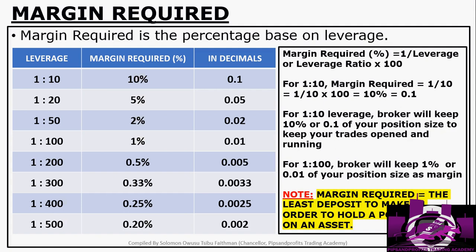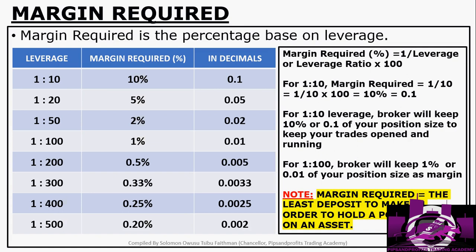Why are we saying 1 over leverage? You know that all the leverage we have over there is either 1:1 a number, 1:1 a number, 1:1 a number. Okay. So if you want to express your leverage as a percentage, for you to be able to calculate your margin, for instance, 1:10 is 10%. That is 1 over 10 times 100. When you do the calculation, you are going to get 10%.